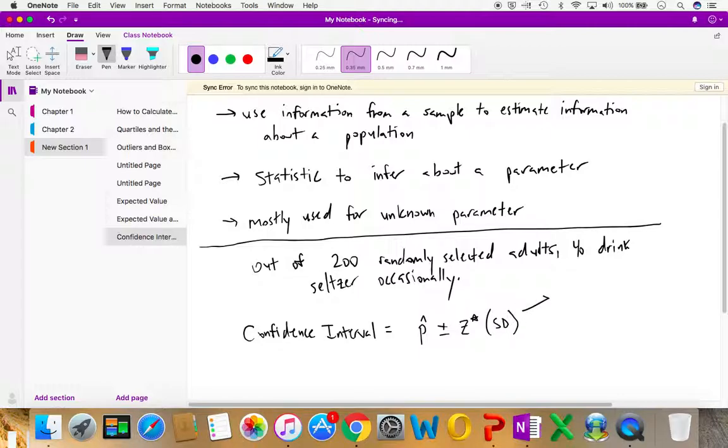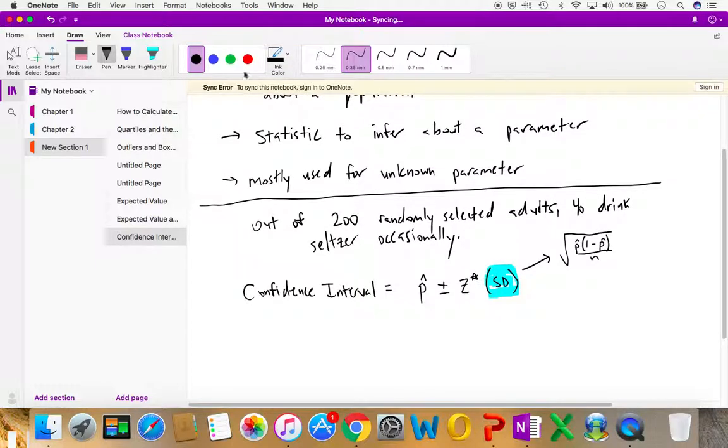Okay, and just so we remember, our standard deviation with a proportion like this, anytime you're dealing with a sample proportion or a percentage, all you need is that p hat value. Standard deviation is equal to, again, the square root of p or p hat, either one, it doesn't matter, times 1 minus p hat, sometimes called q, all over n, and we'll calculate that in just a minute. But let's talk about this other variable here, z star.